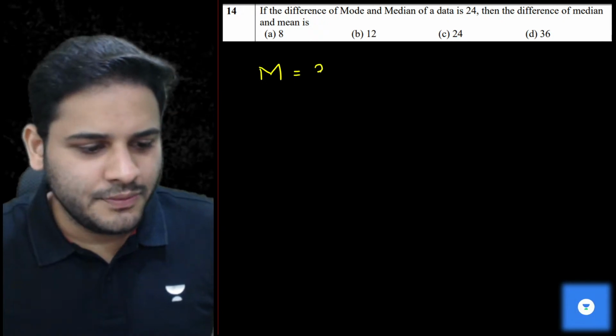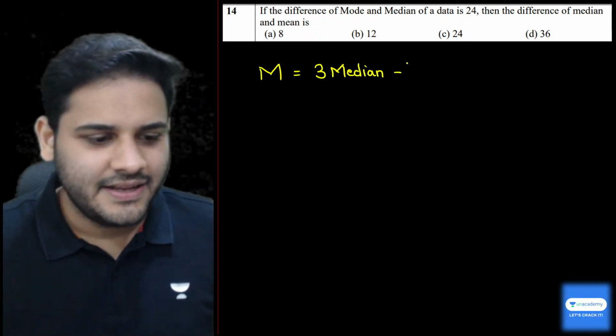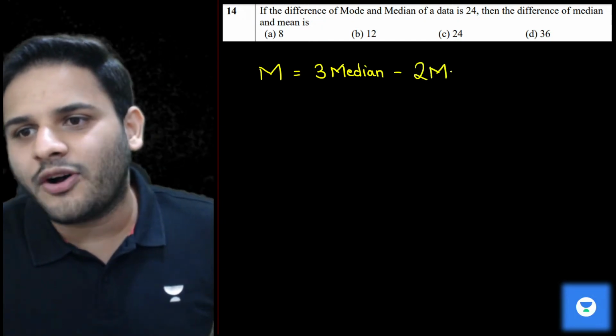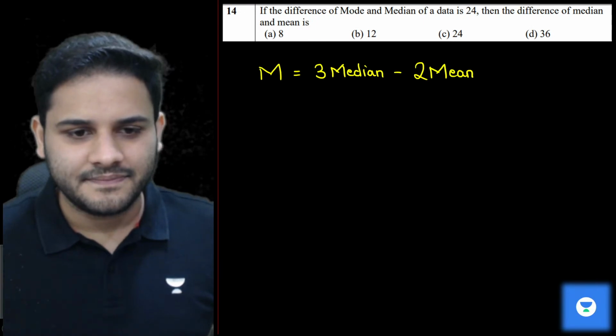Mode is equal to 3 median. Absolutely correct. Minus twice of mean. So what will you get here?